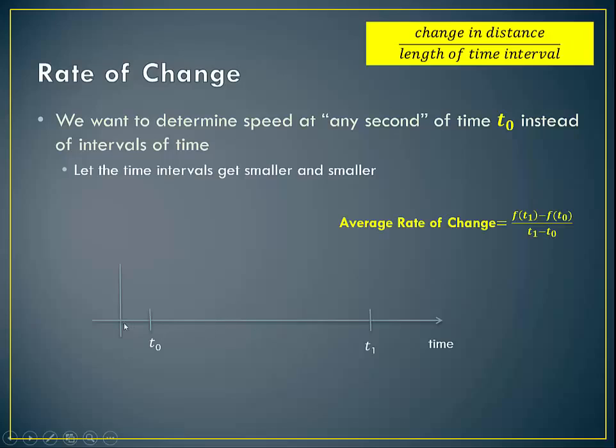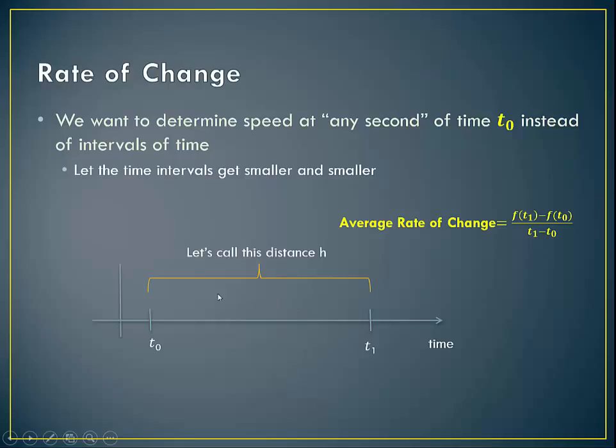So I start out with some interval, maybe from 1 to 2, whatever it is. And notice here is my average rate of change. So nothing has changed with my function here. And let's call this distance from my first interval to my second interval h. Let's just call that h.